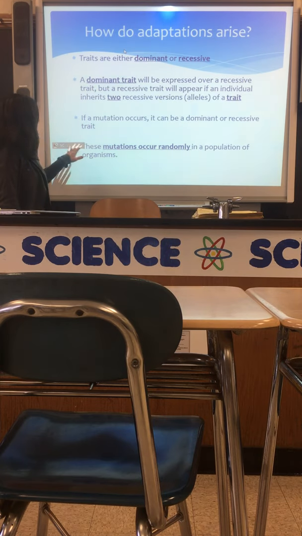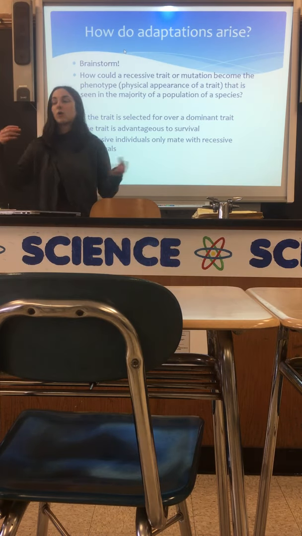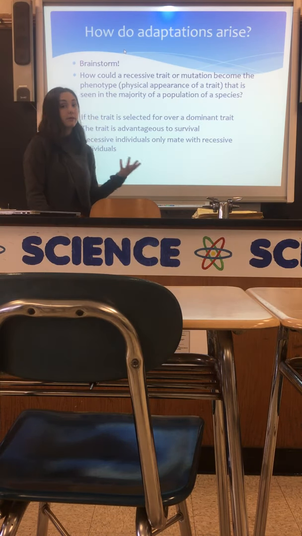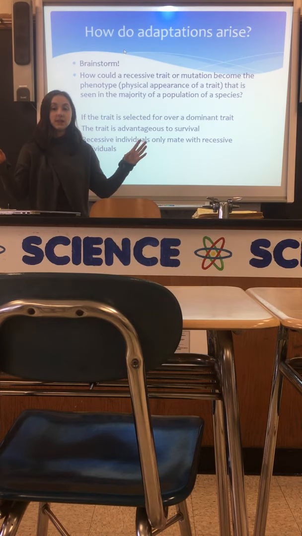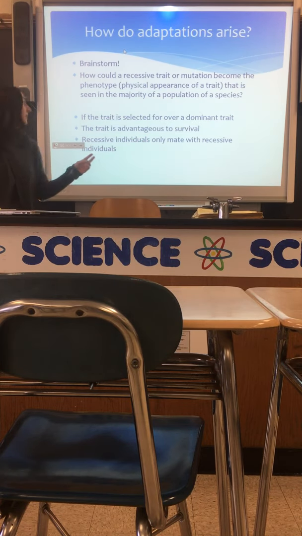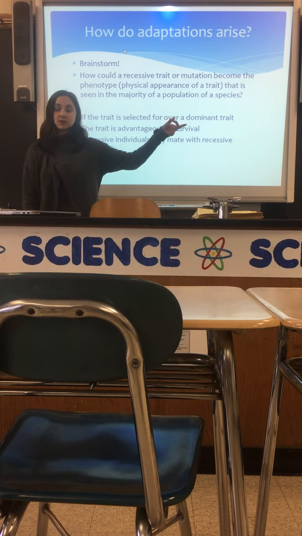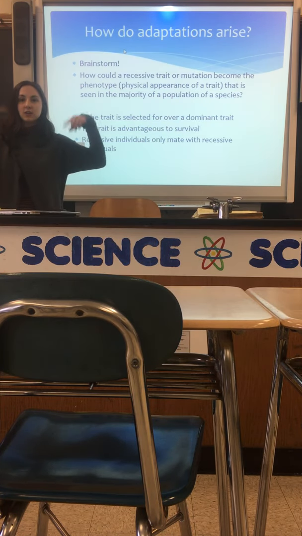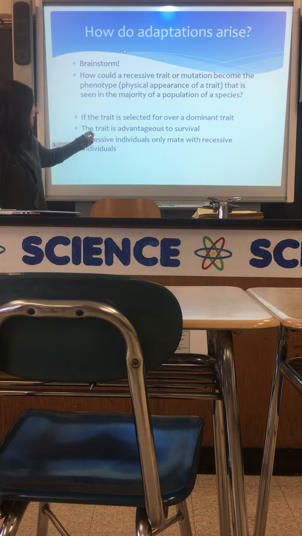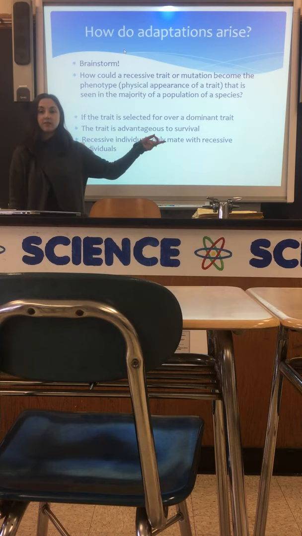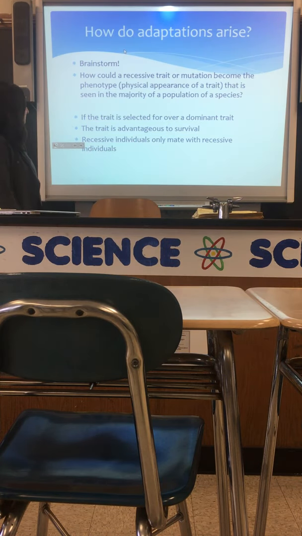Okay, so let's move on with our discussion. A recessive trait or a mutation, or both, could be seen in the majority of a population of a species if that trait is selected for over a dominant trait. So maybe our gears should be turning and we should be thinking about adaptations, right? The trait is advantageous to survival for the species in their environment.